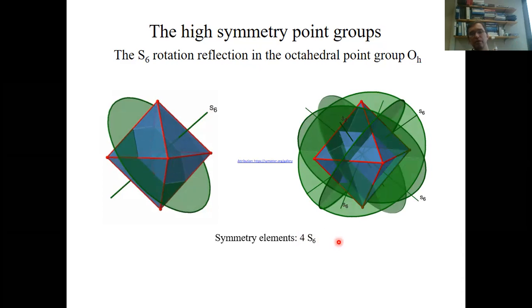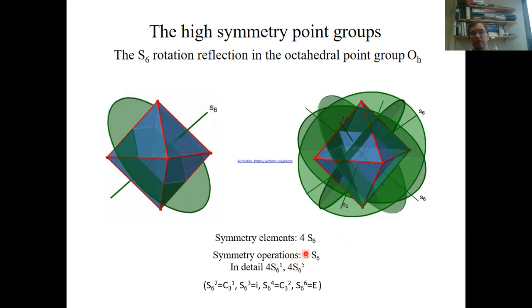Remember here we have an even number, but the S62, the S63, and the S64 can be expressed by simpler symmetry elements. So we have only the S61 and the S65 to consider.